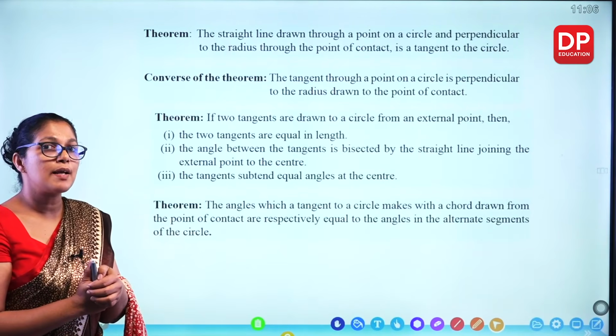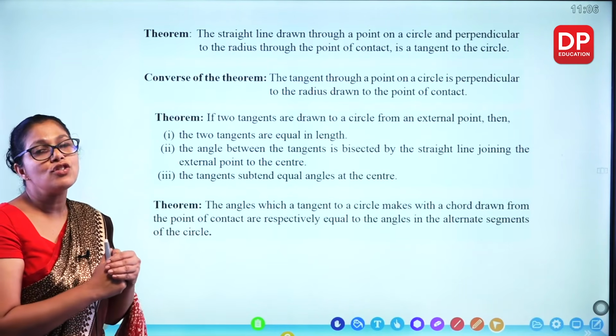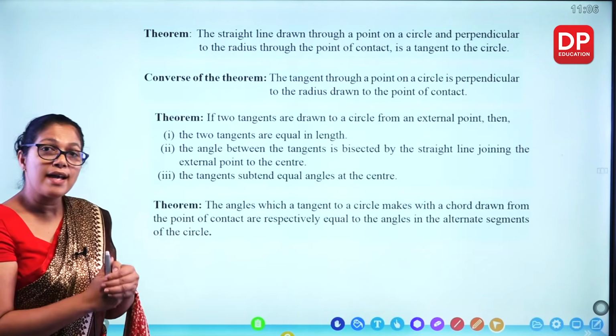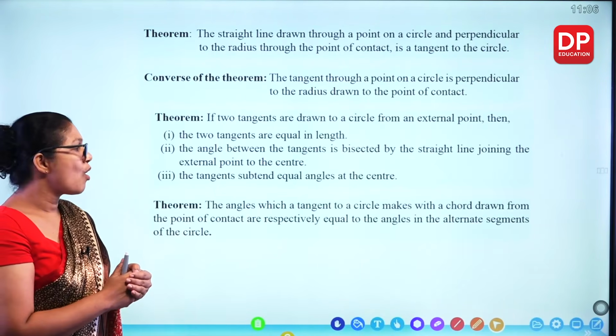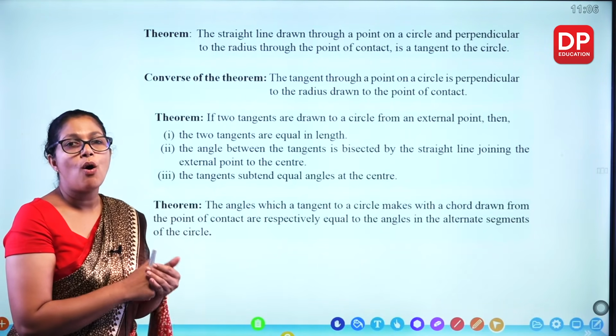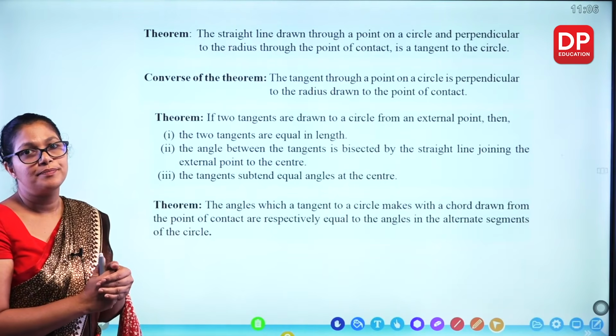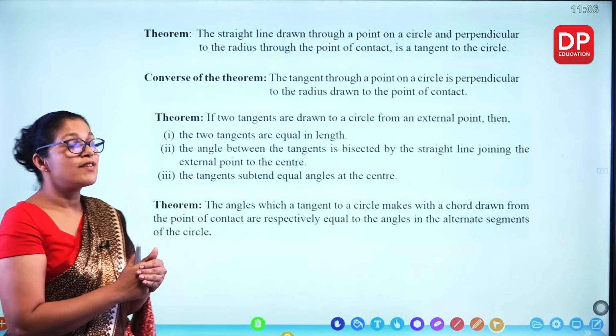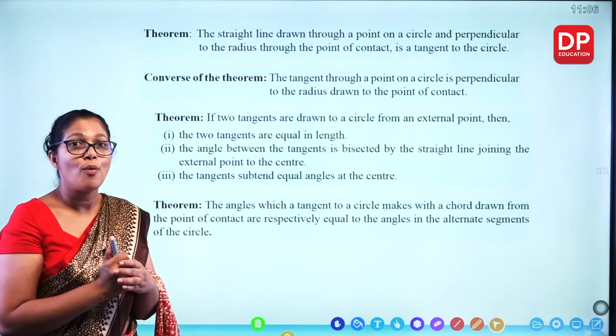So in the alternate segment theorem we did the tangent and the angle between the tangent and the chord is equal to the alternate angle. So revise all theorems before your O-level exam.